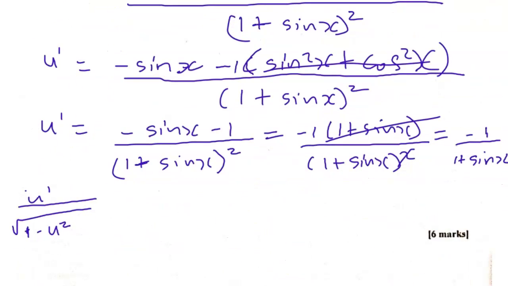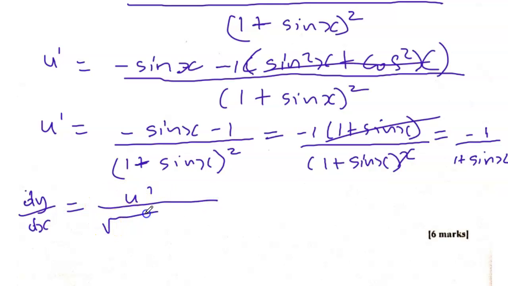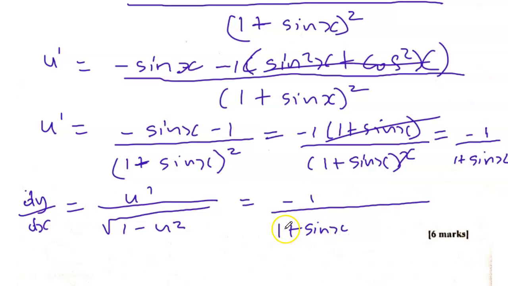Let me write it properly. For the inverse trig function sine inverse u, dy by dx is u prime over root 1 minus u squared, which is equal to, we just found u prime to be negative 1 over 1 plus sine x. That's u prime. And that's times root 1 minus u squared.